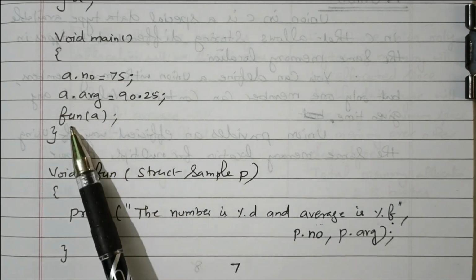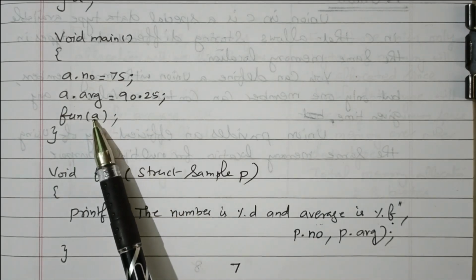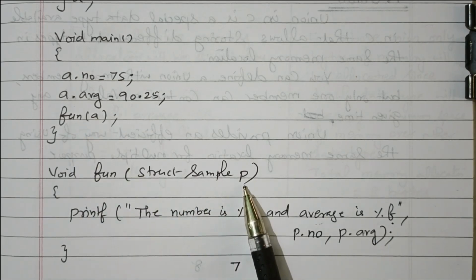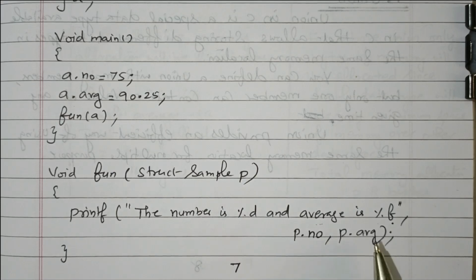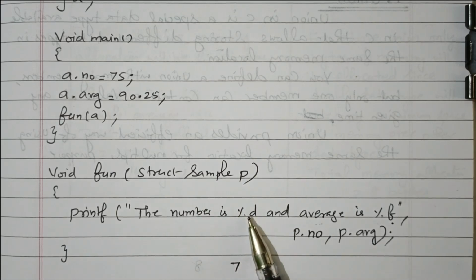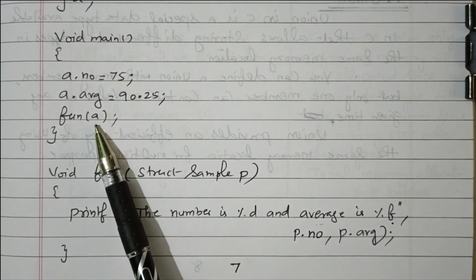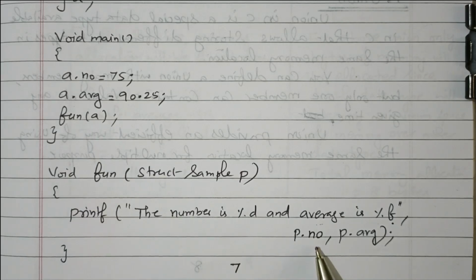So while calling this function, the entire structure is passed to the function. By using this p, we are referring to both number and average, right? We are accessing all the members of the structure here because we passed the entire structure, so the number and average are printed here. This comes under passing the entire structure.